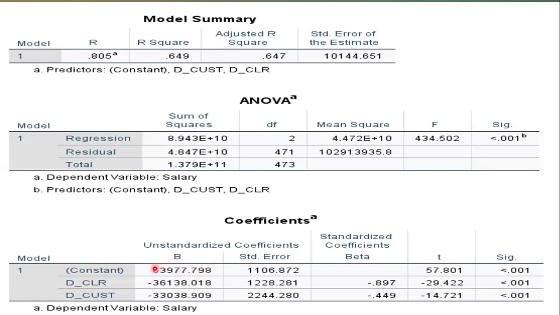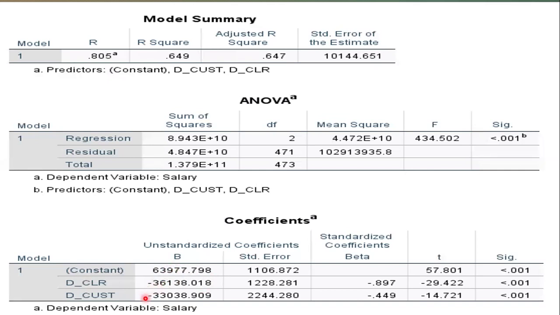The managerial salary is 63,977.79, while the clerical staff salary has decreased by 36,138.018. But if it were positive, we would conclude that it has significantly increased. So now we can conclude that it has significantly decreased as compared to managerial salary.